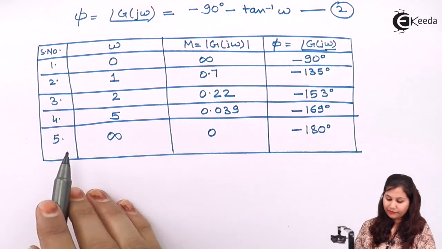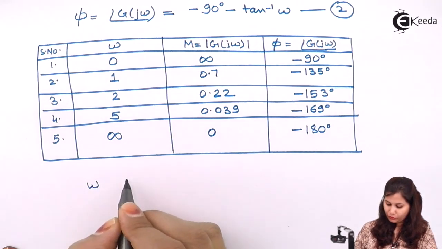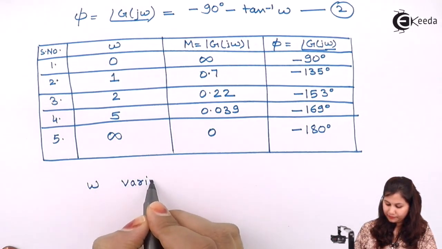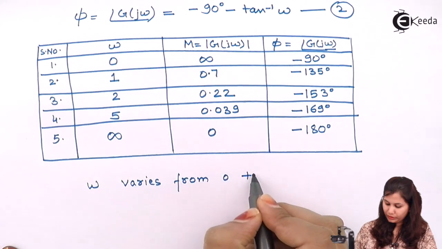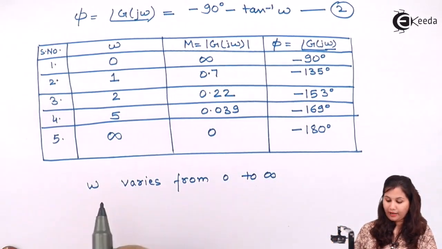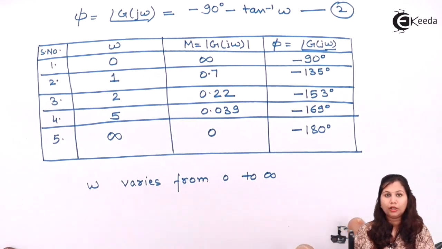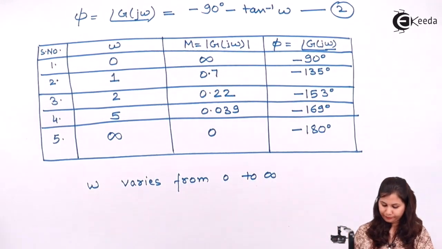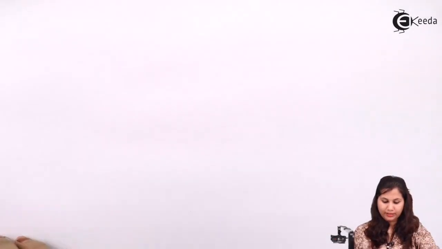Okay, so here we have varied the value of omega. Omega varies from 0 to infinity, and now we will plot this magnitude and the phase angle on the polar coordinates. So now let's plot this magnitude and the phase angle.